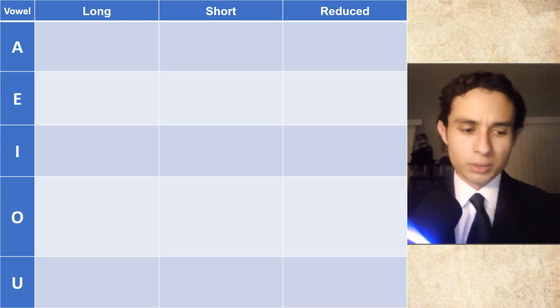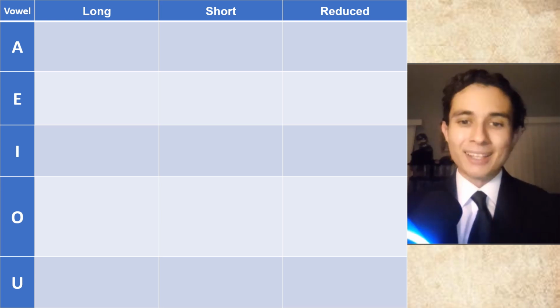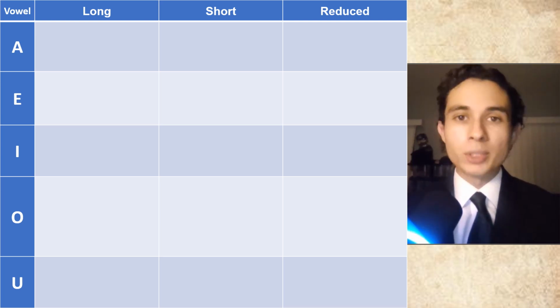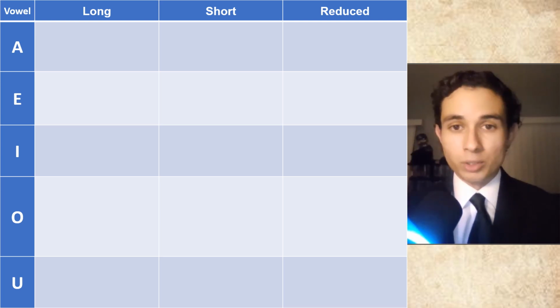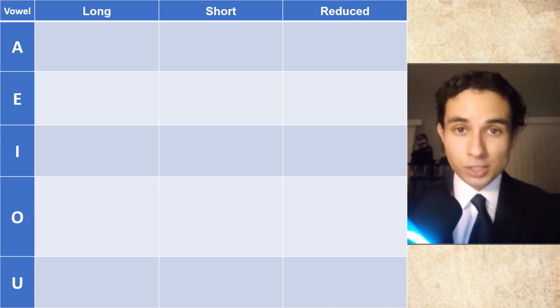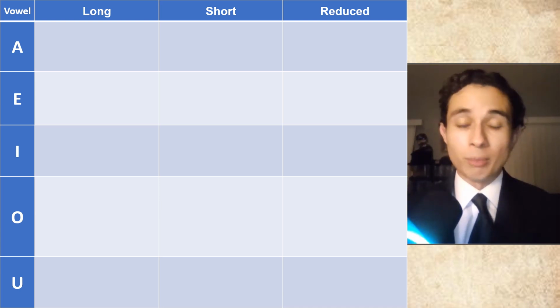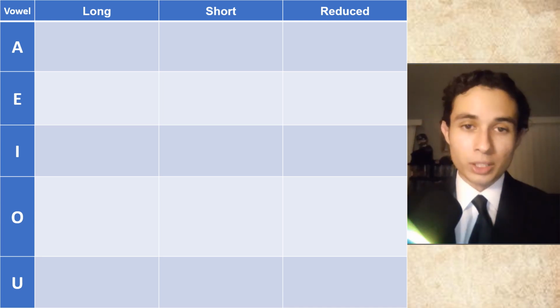The differentiation between long, short, and reduced vowels is not going to be audibly noticeable when we pronounce words, but making this distinction is important when it comes to grammatical rules involving certain letters and certain vowels. So it is also very important to get used to that concept.